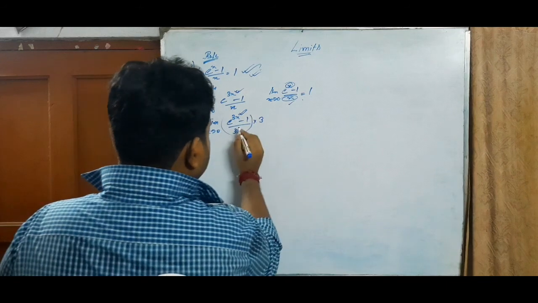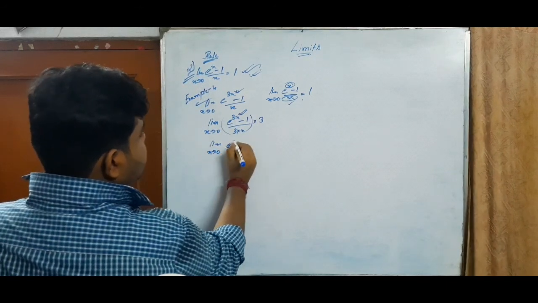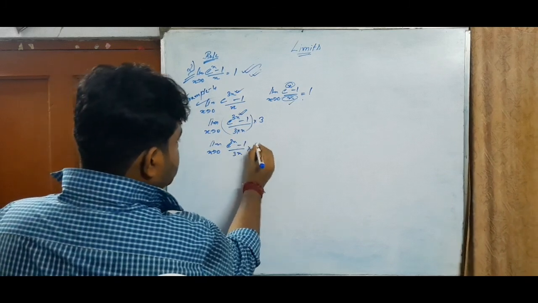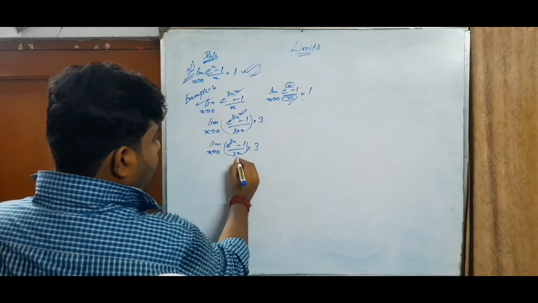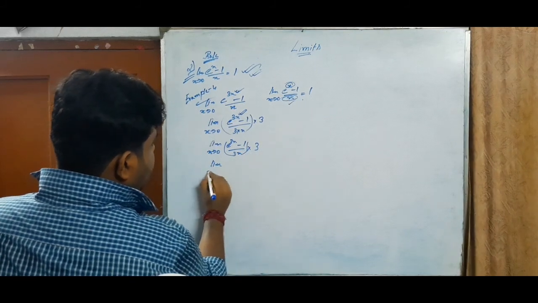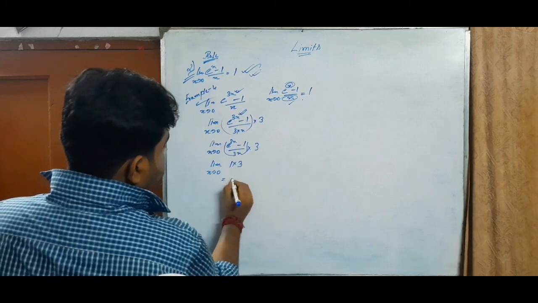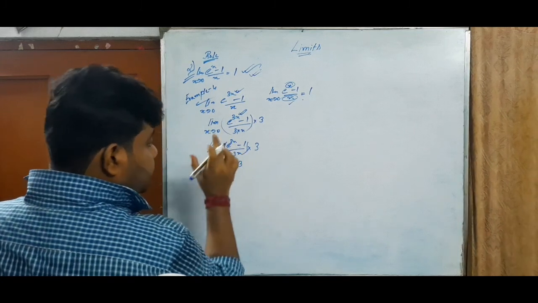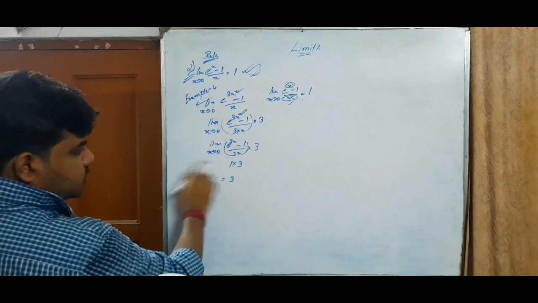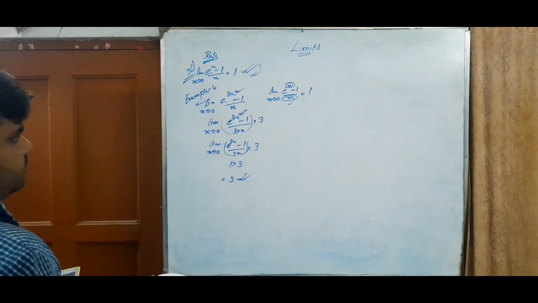Therefore this will be limit x tends to 0, (e to the power 3x minus 1) by 3x, into 3. This is 1, and so it is 1 into 3 equals 3. While putting in the value of x, we will not write limit x tends to anything, whatever is given over here. So this is the answer.